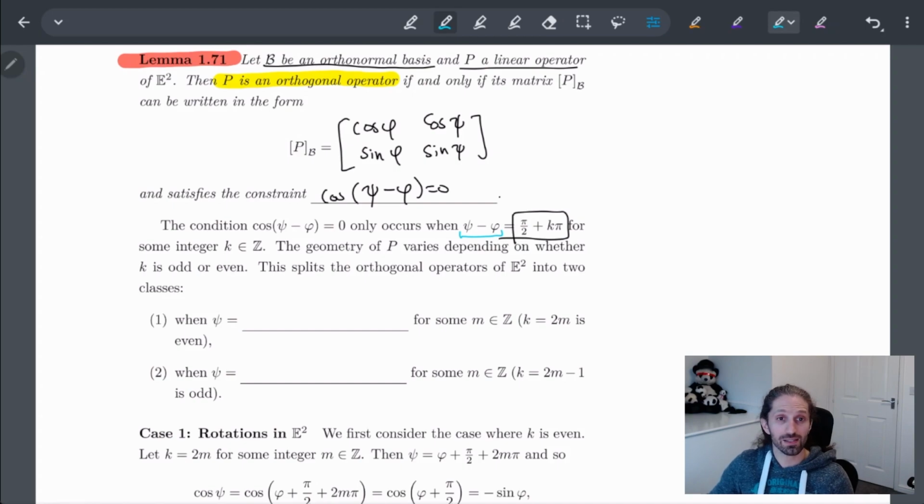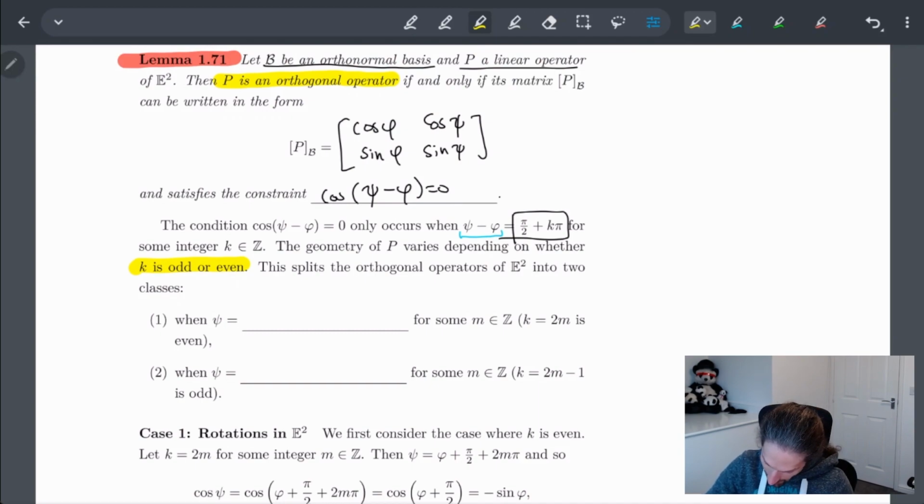I don't really care what it is. Now for us, what this basically means is that the geometry of the linear operator is going to be dependent on whether or not k is even or odd. And this is really going to be splitting our orthogonal operators into 2 classes.